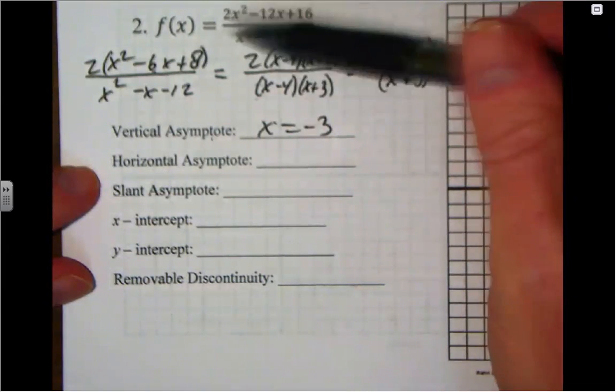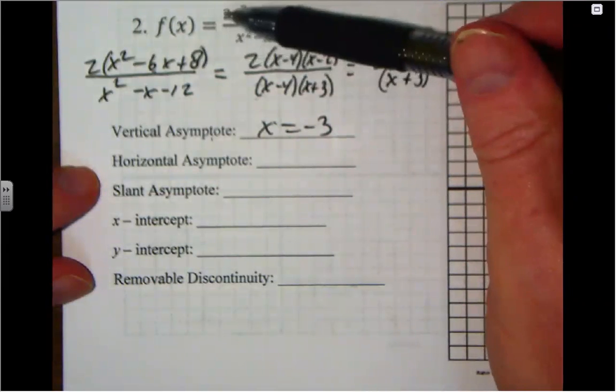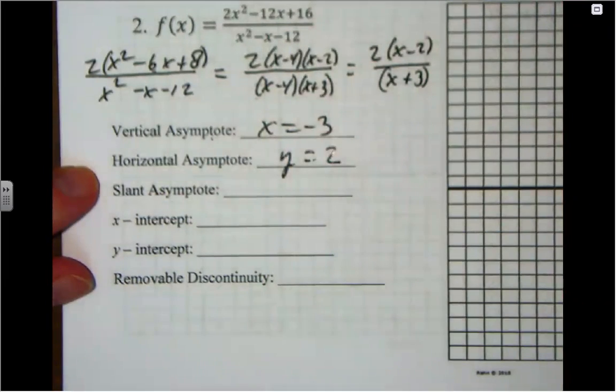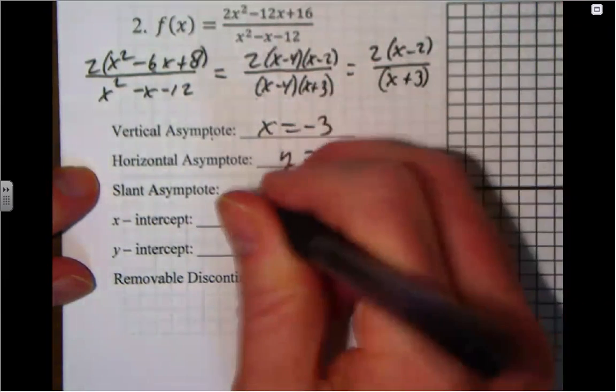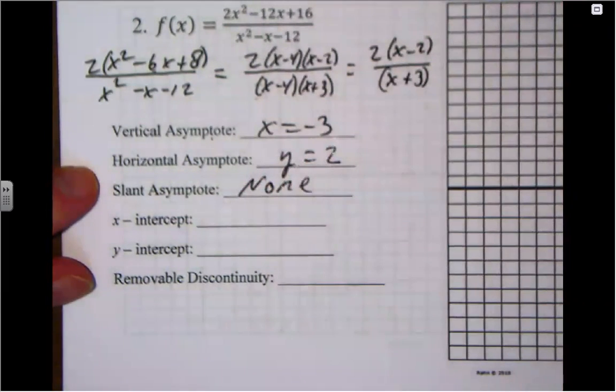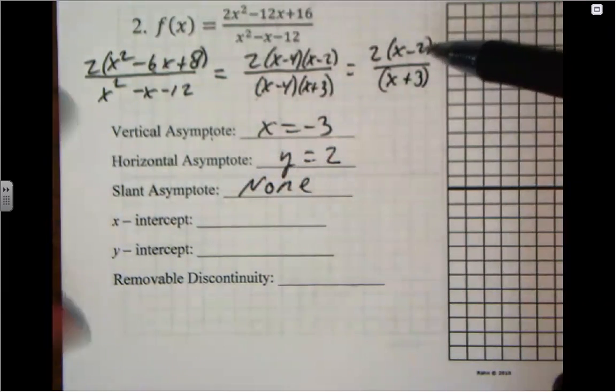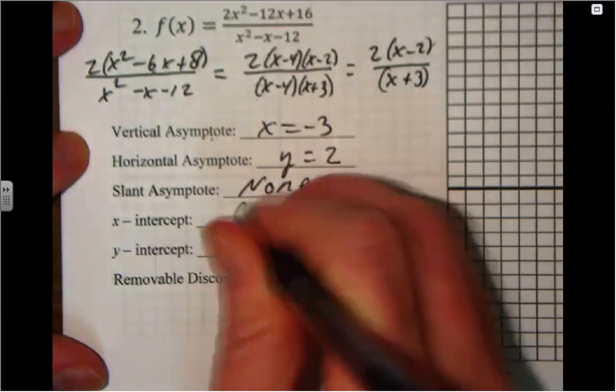So the leading coefficients, 2 over 1, so it's y equals 2. Horizontal, no slant. X-intercept, again, simplest form, x minus 2 at the top equal to 0. So x equals 2, so it's the point (2, 0).